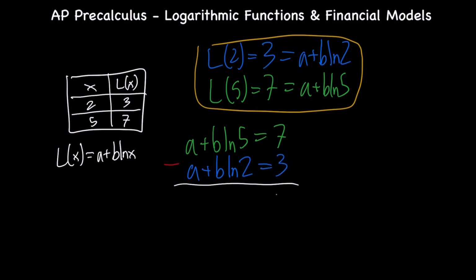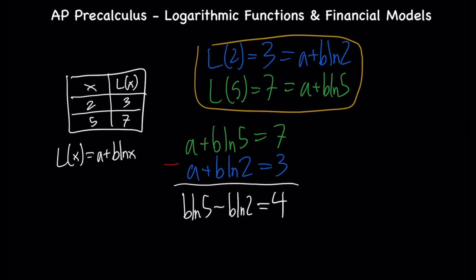And then you're going to get 4, obviously, because 7 minus 3 equals 4. Because A minus A is just 0, that cancels out. But then you're going to have B ln 5 minus B ln 2 equals 4.